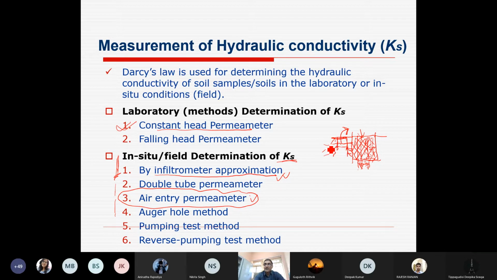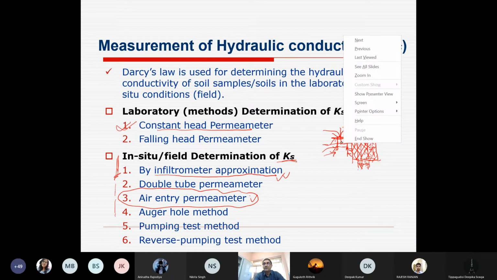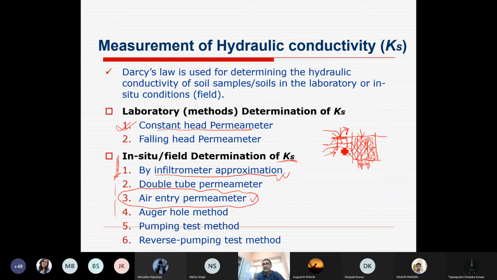Reverse to this, suppose groundwater is far below the soil surface. We fill this borehole with a certain quantity of water per unit time, that is the rate of supply of water to this borehole, to maintain a constant head, and that is approximately the hydraulic conductivity of the soil in which we have experimented.